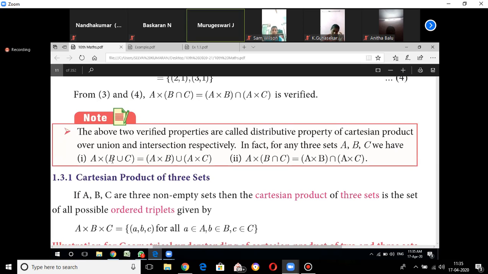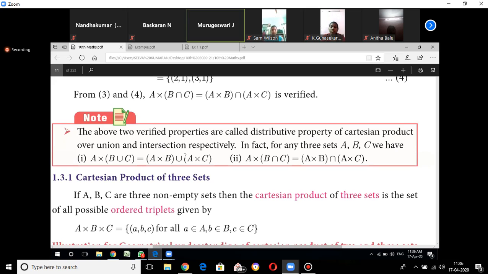A cross (B union C) equals (A cross B) union (A cross C). The same, A cross (B intersection C) equals (A cross B) intersection (A cross C). In sets you can change the sign, isn't it? Union changes into intersection. But in this cross product, that remains the same. Union means you write union, intersection means intersection.